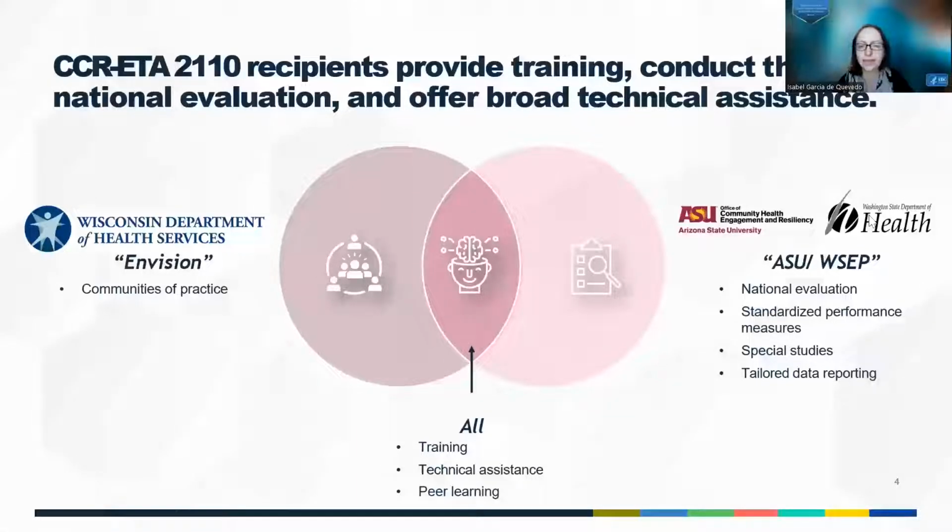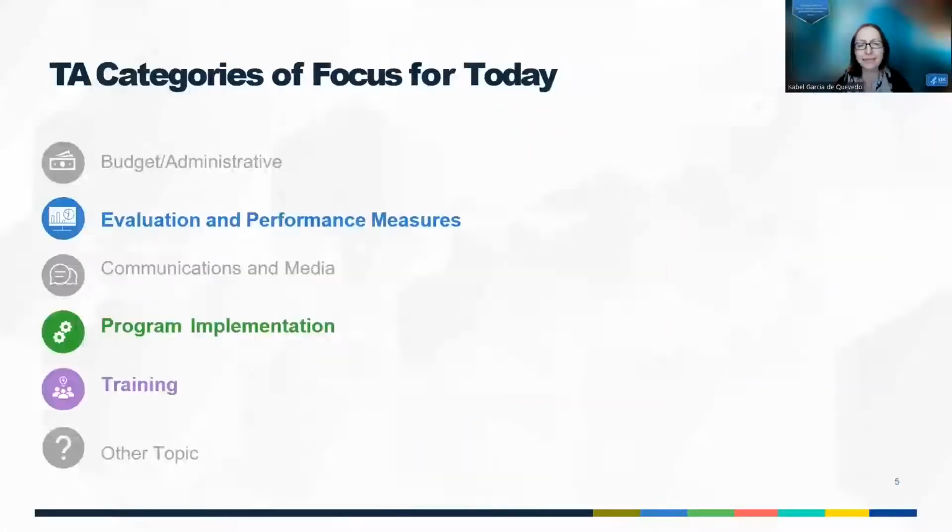And on your right, ASU and WASEP, or Arizona State University, and WASEP provide support for topics related to evaluation and performance measures. And the rest of today's presentation will focus on the types of TA available from our 2110 TA providers. And this falls under evaluation and performance measures, program implementation, and training.